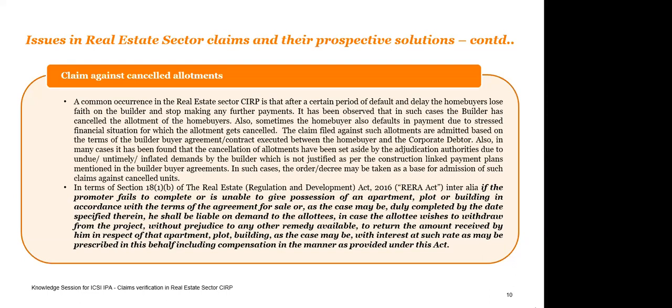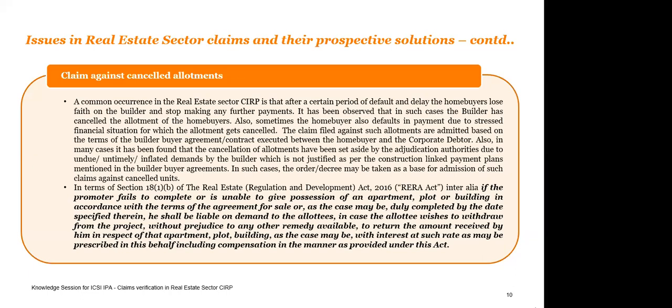Now, when they cancel the allotments of the home buyers, there are two things that need to be checked: whether the demand raised by the builder is legitimate, if it is a construction linked payment plan, whether the construction has happened for the demand that has been raised, and if the home buyer has genuinely defaulted or not.